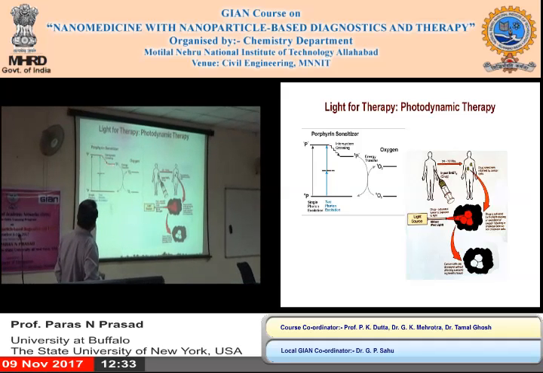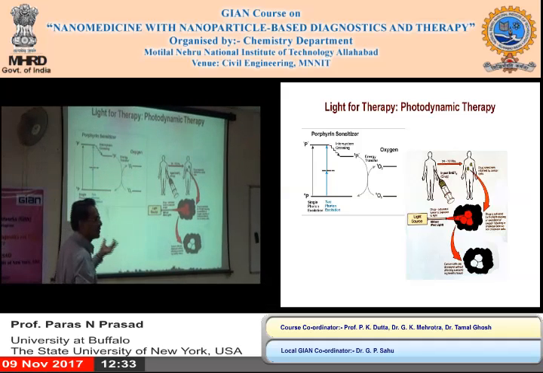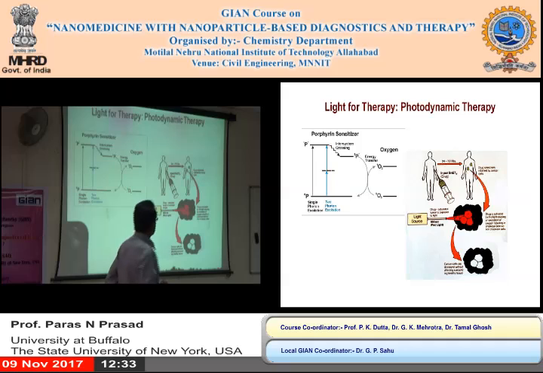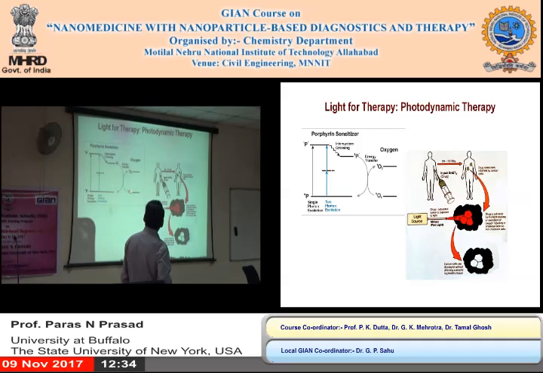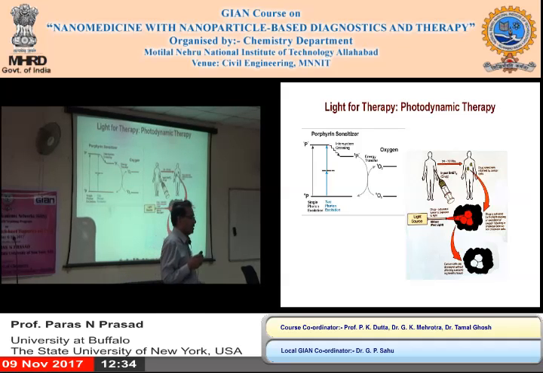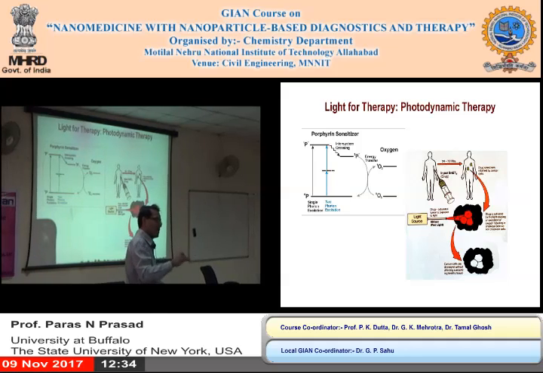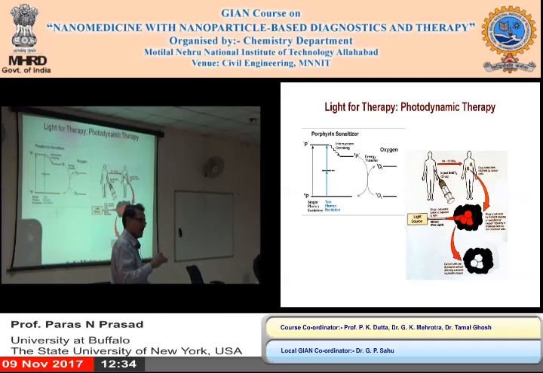It goes from there to triplet state, which is long-lived. Okay? And then the triplet state, if it is of higher energy than the oxygen state, oxygen is one of the few molecules that in the normal ground state is triplet and is paramagnetic.